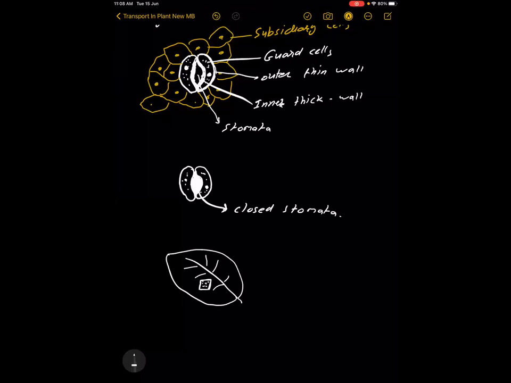This small piece contains 1,000 to 60,000 stomata, not the complete leaf, only one part of the leaf. Overall, stomata form 1 to 2% of the leaf surface. This is the distribution.